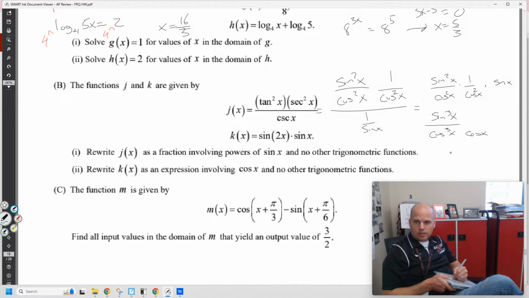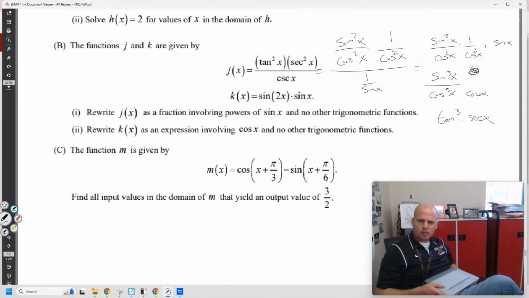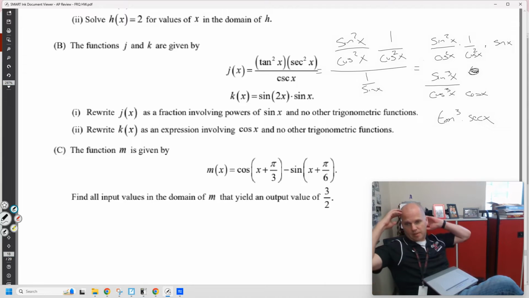If I wanted to do that, so that's tangent cubed times secant. There's no addition, so there's no common denominators I can do.